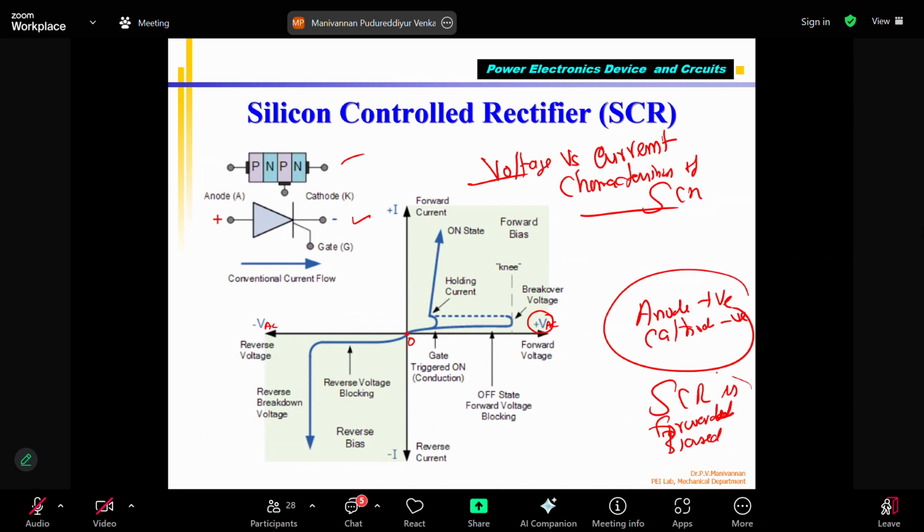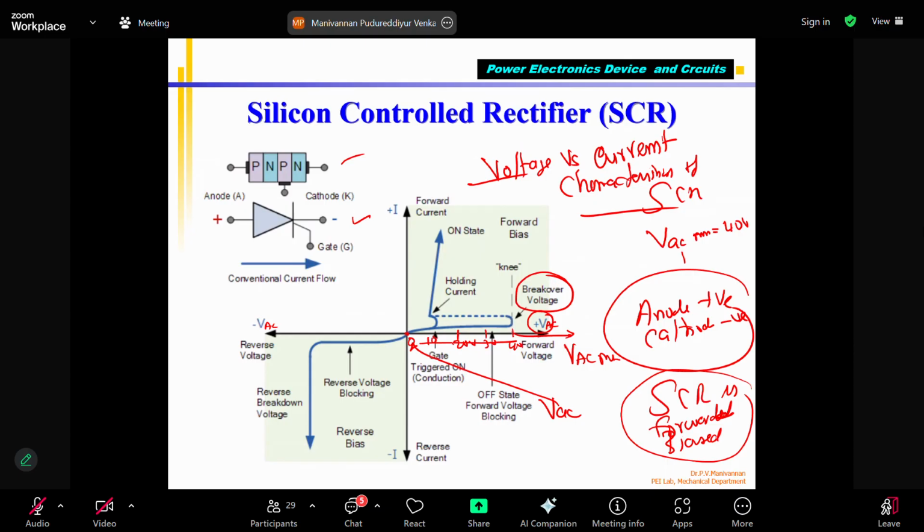So this is called a forward bias condition, a forward voltage. Please note that the VAC here is varied from 0 to maximum voltage. This is called VAC max, which is also called the breakdown voltage in SCR. The voltage can be 0, 10, 20, 30, 40 volts, with Vmax equal to 40 volts, which is called the breakdown voltage.